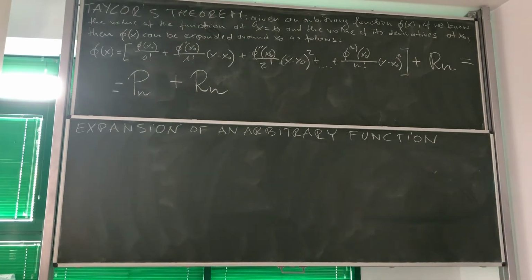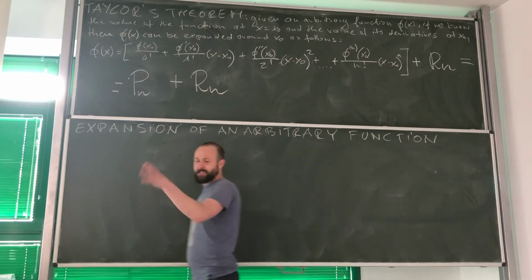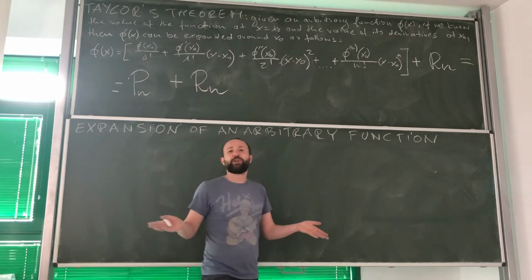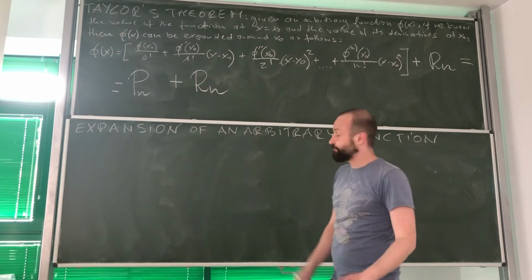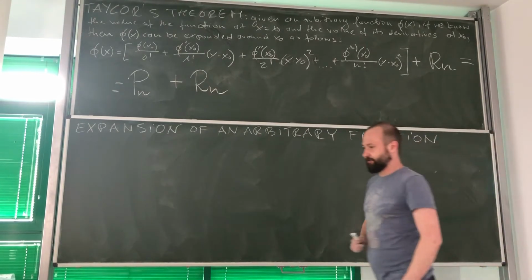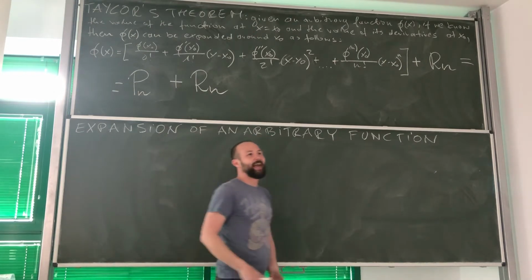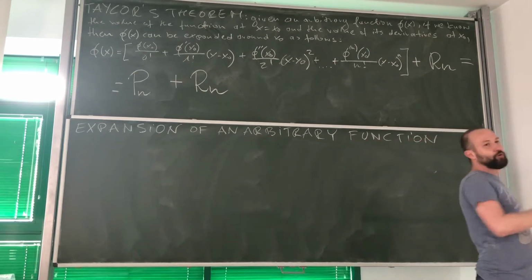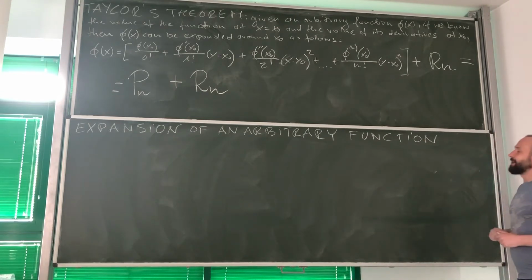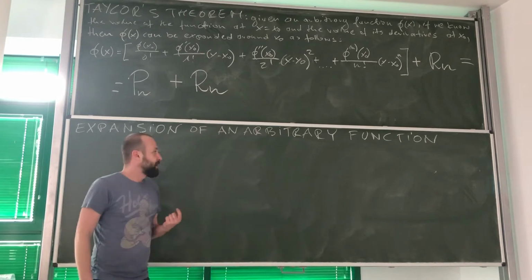However, we noticed that this is very inconvenient because 0 is one specific value among infinity we could choose from. So then we introduced Taylor series, a generalization of Maclaurin series, and it allowed us to expand a polynomial function at any point.